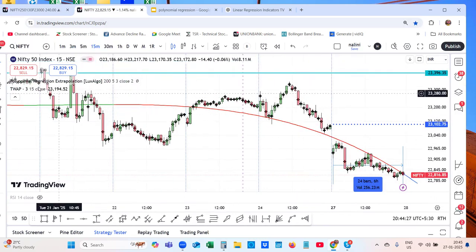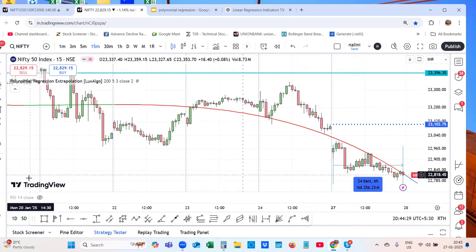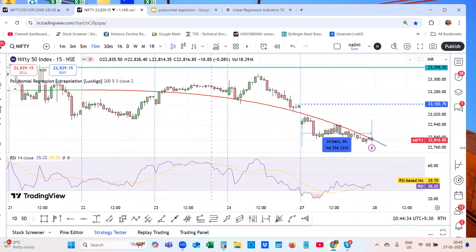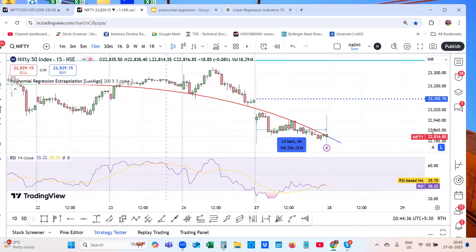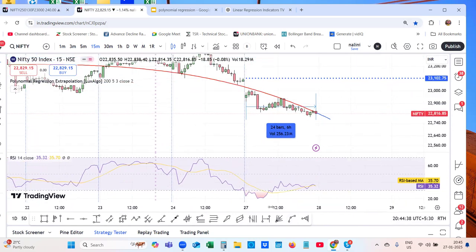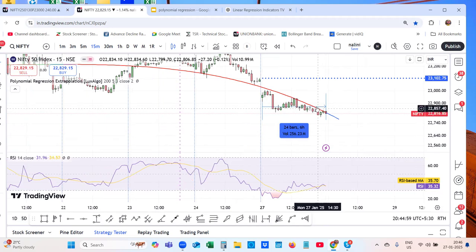So for the underlying, let me remove the VWAP and enable the RSI for tomorrow's trade. RSI has come up and climbed, and again it is making a double top and showing downward movement. After extrapolating, it is giving 22,764 as the target.